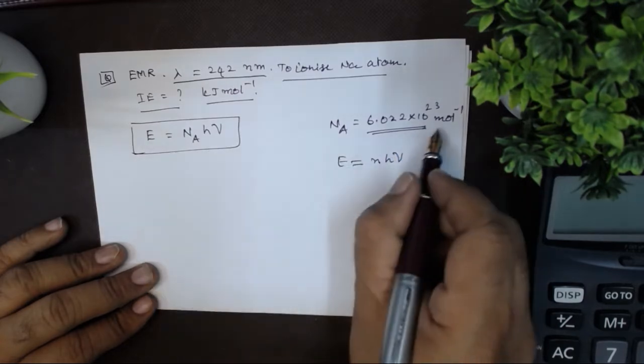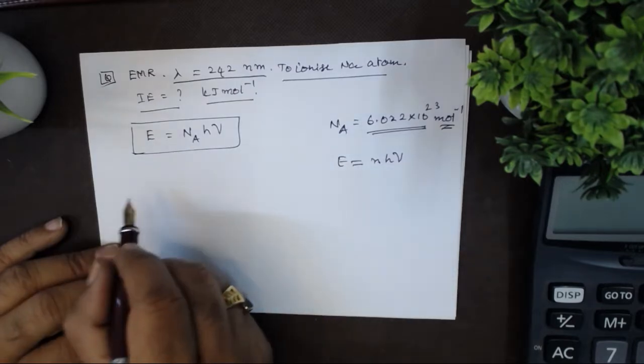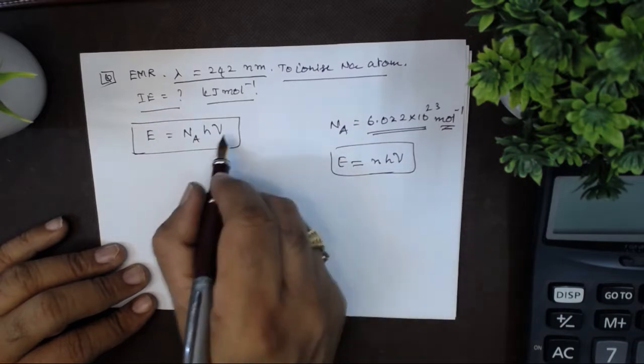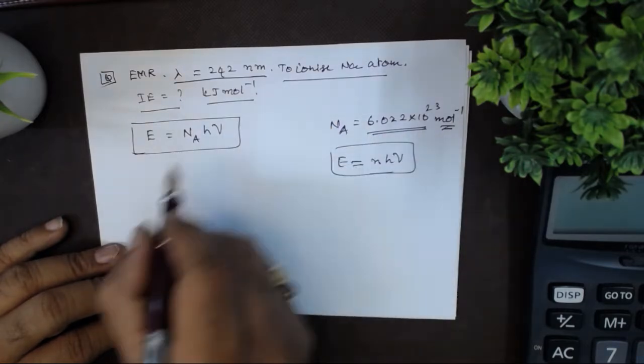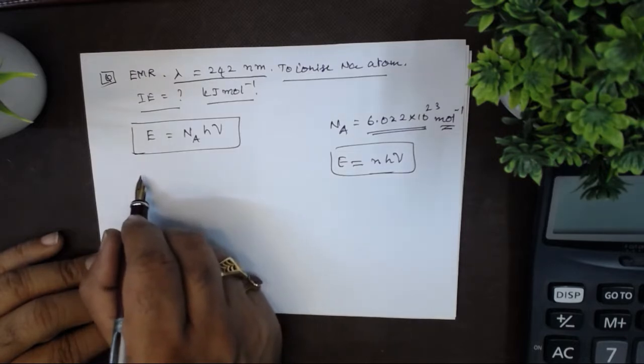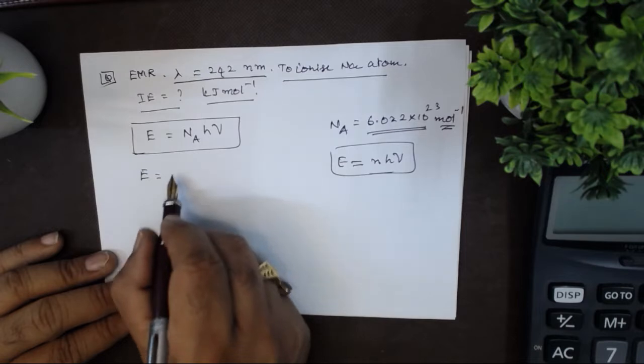But here it is asked per mole, so I have introduced Avogadro's number in place of n. This is the original formula, now modified in accordance with the problem.